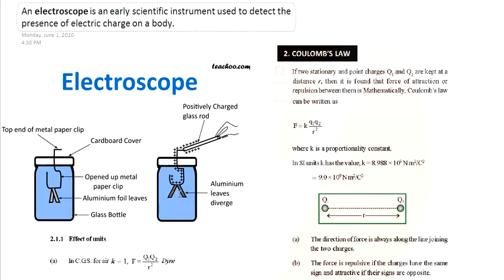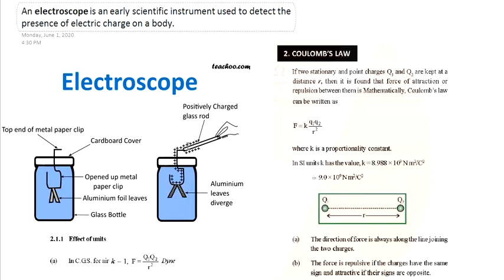Look at this aluminum foil: before charging the leaves are near each other, but after charging, both get positively charged, and we know that similar charges repel each other. So the aluminum leaves diverge, which means they move away from each other. It means a similar charge is present here.